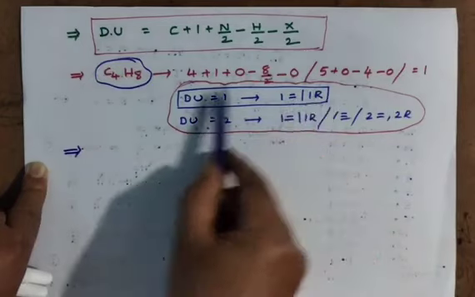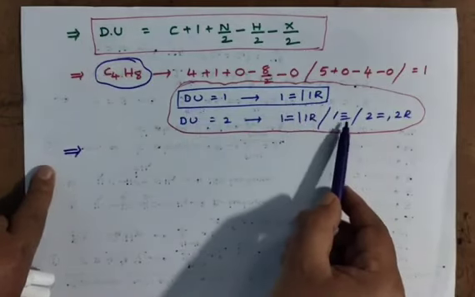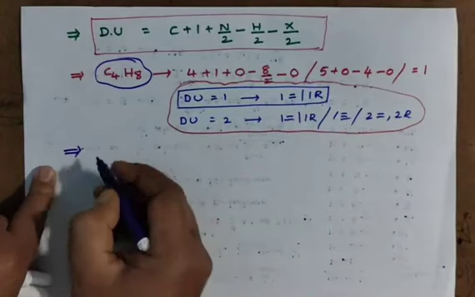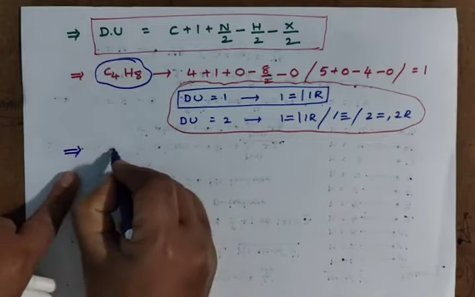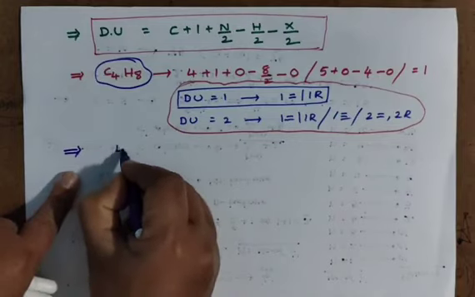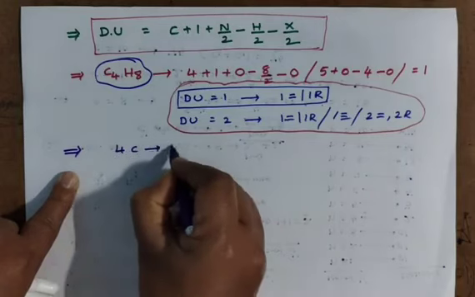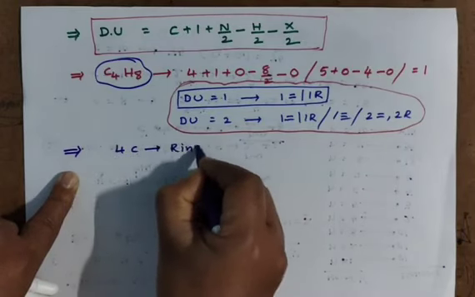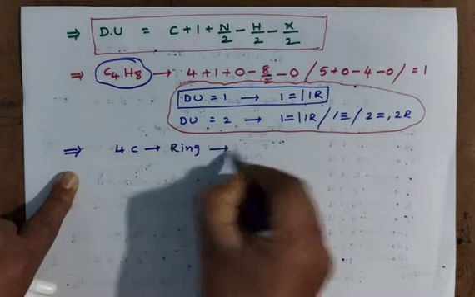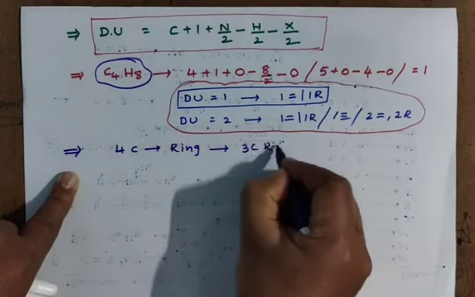So this is the method to address whether a double bond is there or not. You have to remember that if a 4 carbon ring is possible, a 3 carbon ring is also possible.